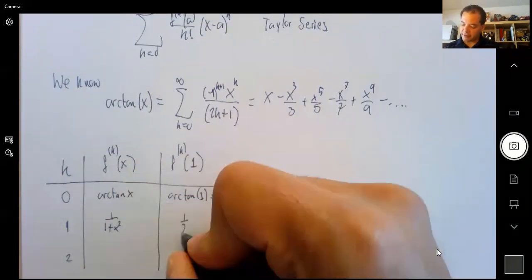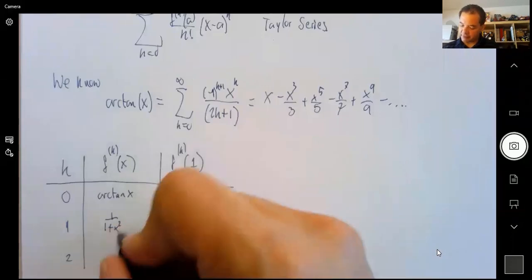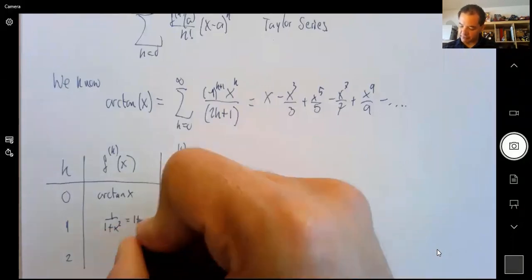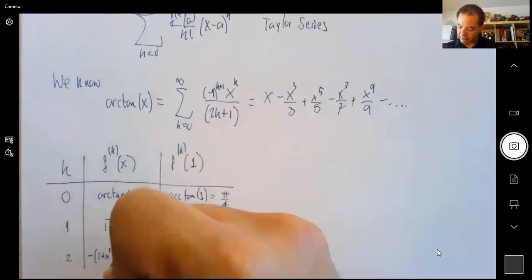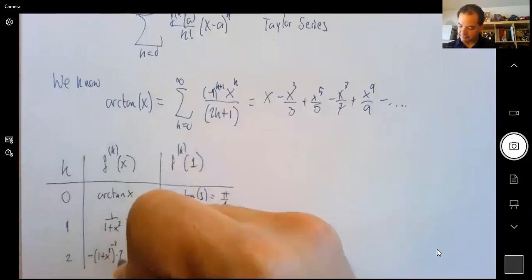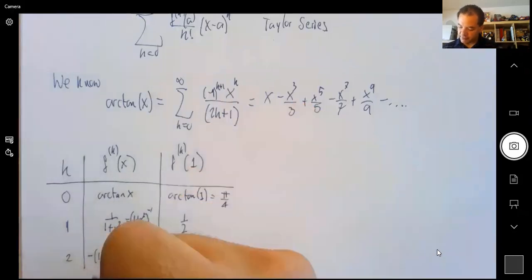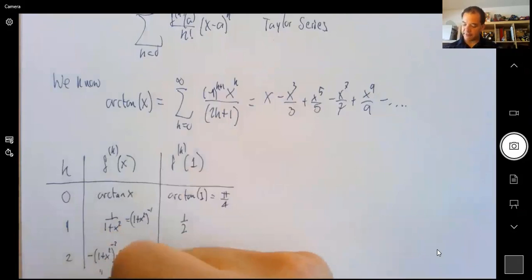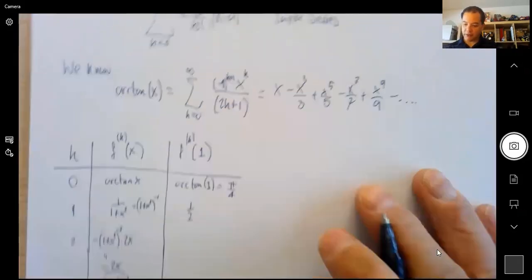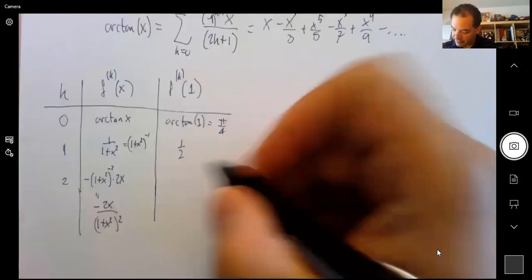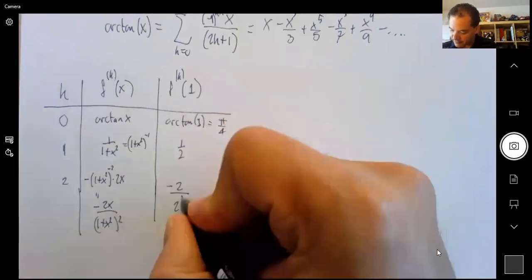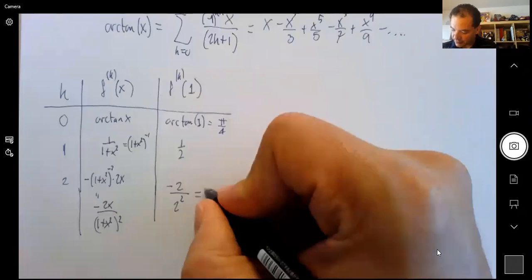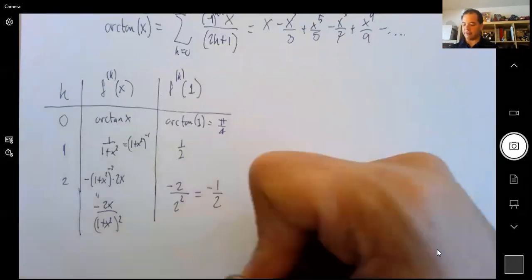And then the derivative of that, which is 1 plus x squared to the power -1, is minus 1 plus x squared to the power -2 times 2x. So in other words, it is -2x over 1 plus x squared, squared. And when we plug in 1, we get -2 over 2 squared. So that's -1/2.